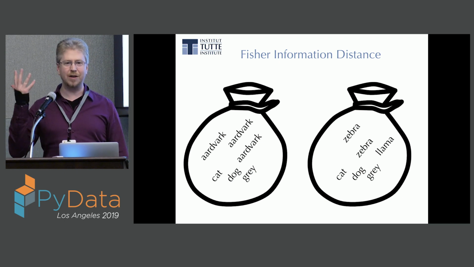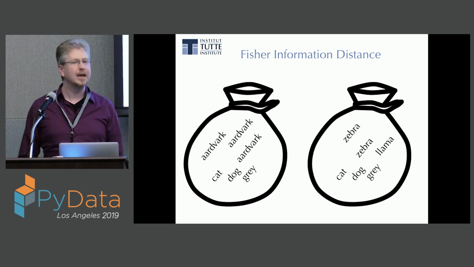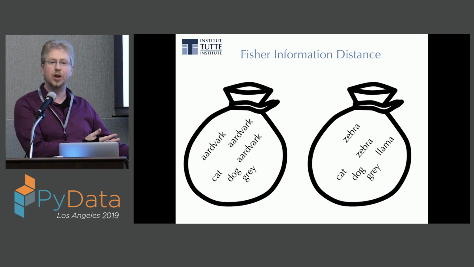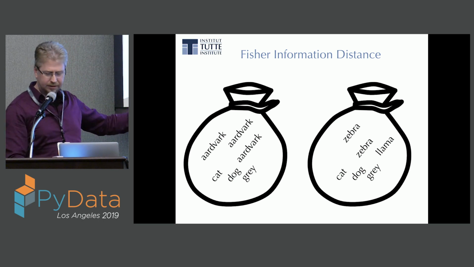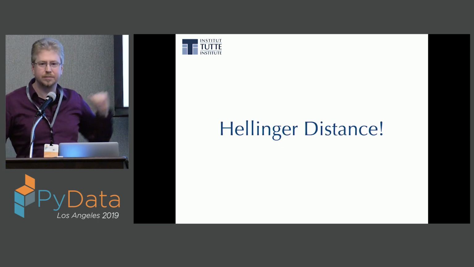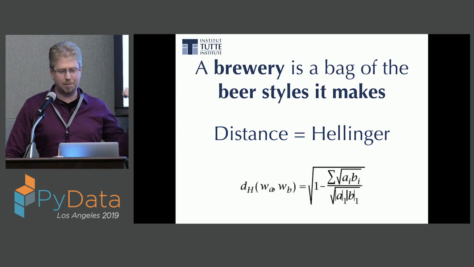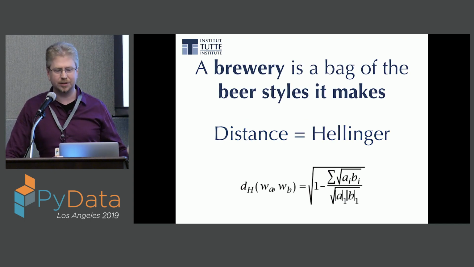And so the amount of information I have lost by using one bag to represent the other bag is the distance between those bags, or multinomials. That is Hellinger distance. Okay, now a brewery is a bag of the beer styles it makes with a distance that's Hellinger, because counts matter.